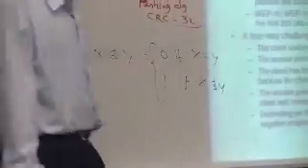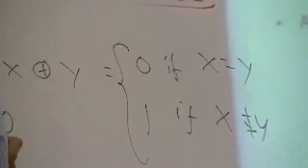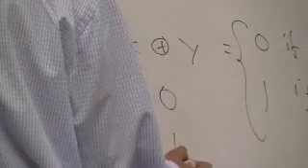So 0 XOR with 0 is what? 0. The two bits have to be different in order to get a 1.